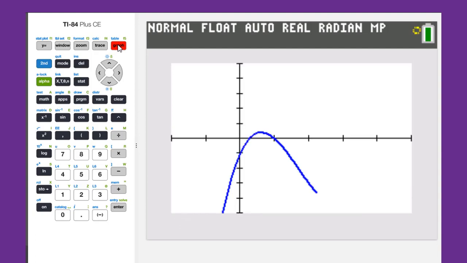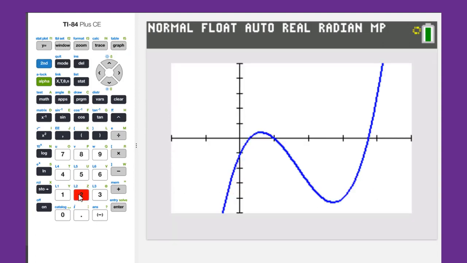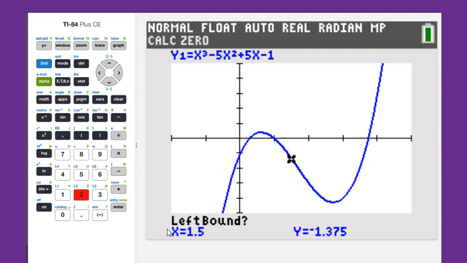Look at the graph. This time it is more clear. Therefore, you know, this is my first zero, second zero, and then the third zero. I go to second trace, calculate, zero, so I press 2. Then it asks for the left bound. I'm looking for the first zero.